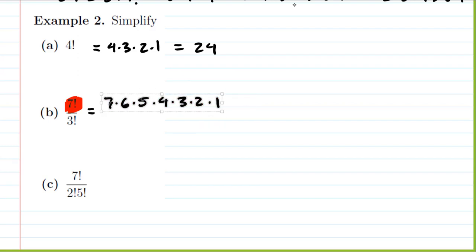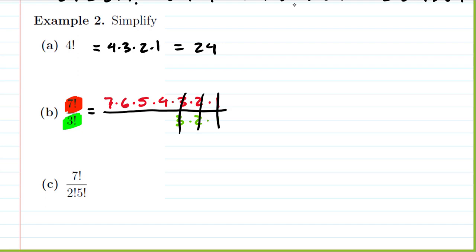We're just writing it all out. And then we have our 3 factorial, and I'm going to pair it up down here, 3 times 2 times 1. We'll notice all of those factors are the same, so they reduce out. Then we're left with 7 times 6 times 5 times 4.